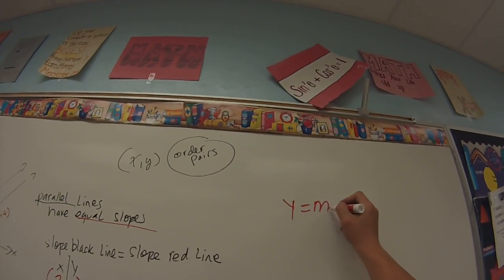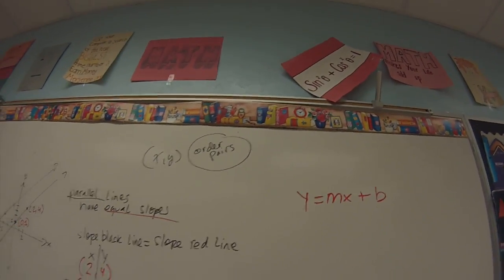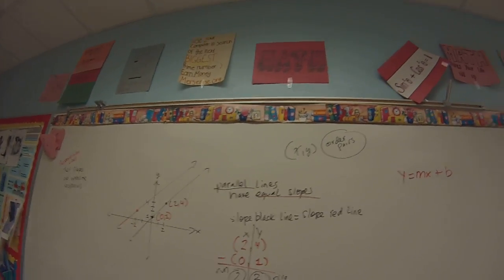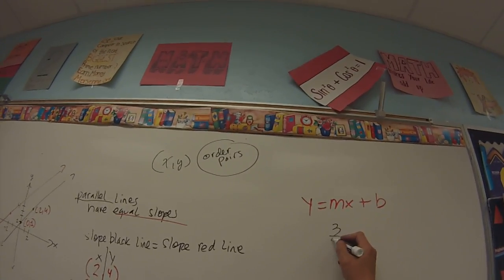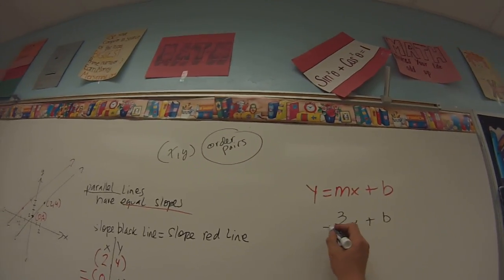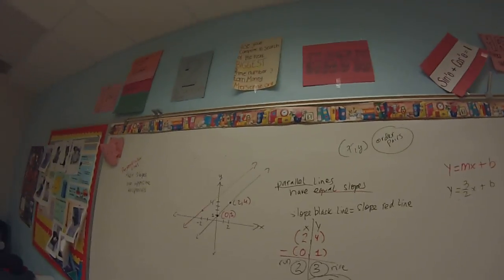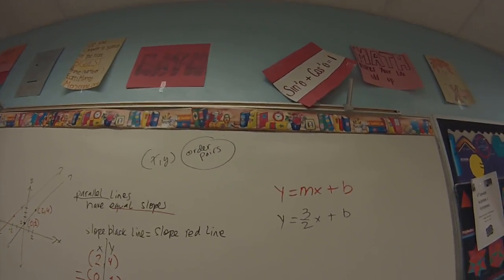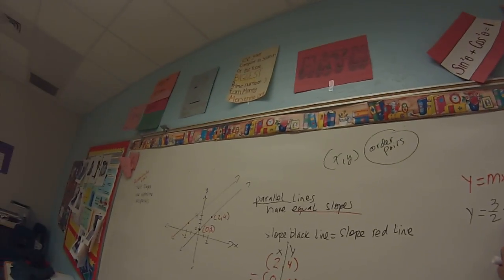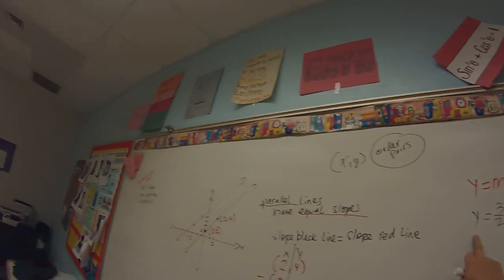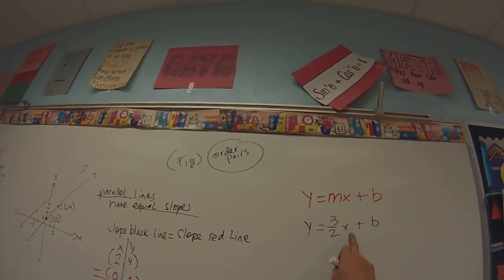y equals mx plus b is the way I'm going to write my equation. I already found the m of the red line, 3/2. And I got to find out the little b now. Okay, notice what we have here. We have an x and a y.